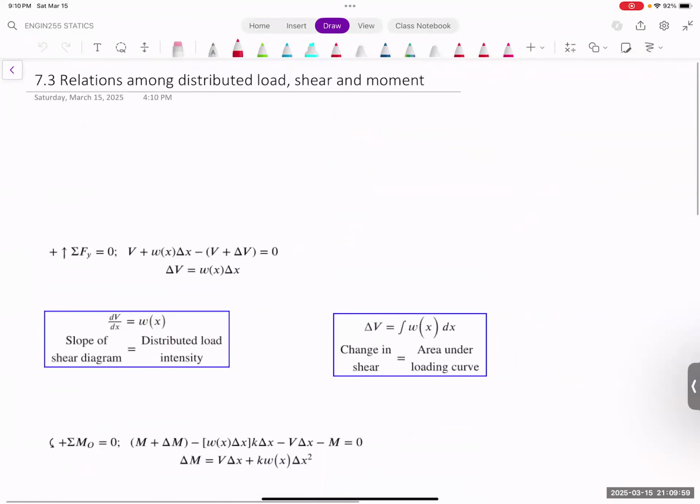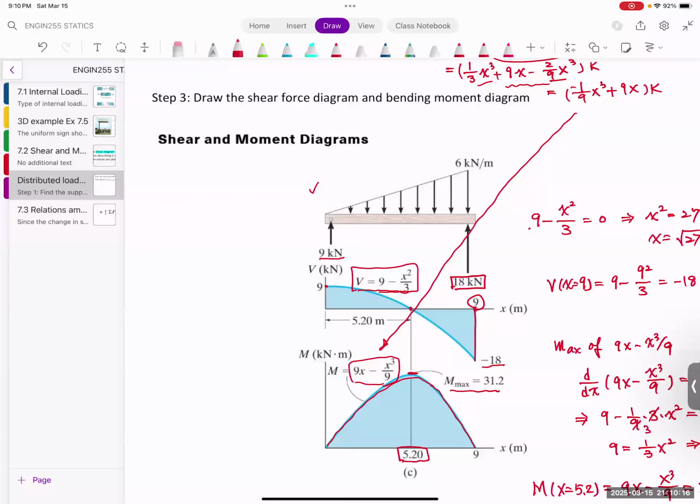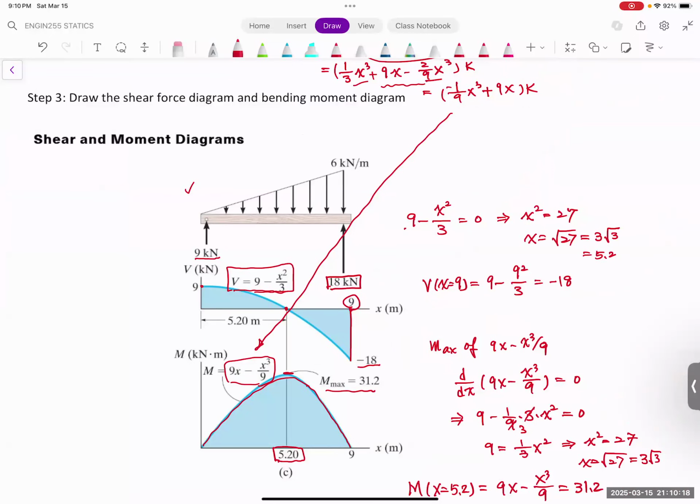So 9.3 is talking about what is the relationship between shear and moment diagram, and when you have distributed load, what happens? Basically, if you go back to this diagram, you will see the shear force diagram is going to be distributed load integration.